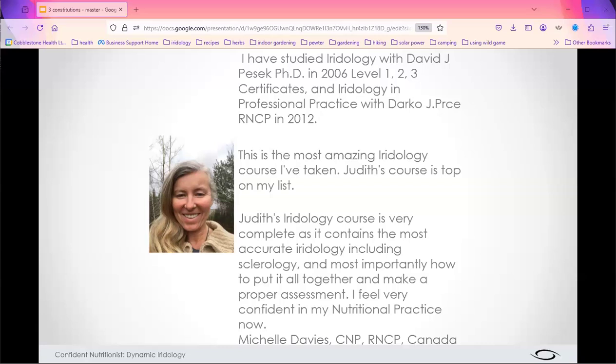Really love that. We really work to help the students not just be able to assess an eye, but put together protocols and understand what they're seeing, not just identify markings, because anybody can identify markings, but how do the markings work together? What questions do they want you to ask? What information are they giving you about this person's tendencies?